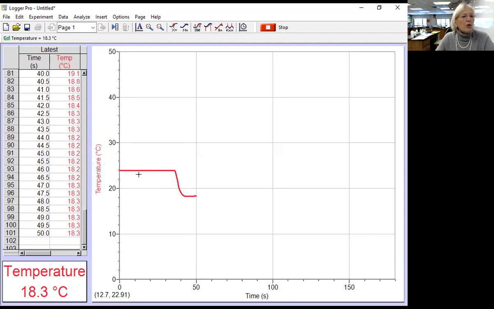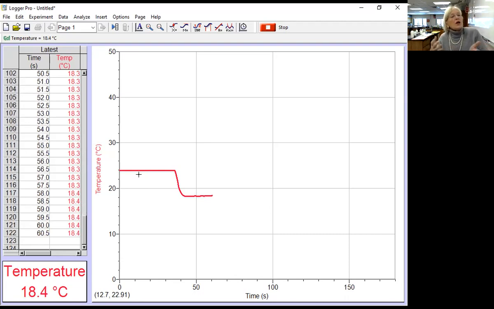And once the temperature drops a maximum amount, it levels off and it will eventually start to slowly go back up. Because if I were to leave this coffee cup in the room for 3 hours, that water would come back up to room temperature. So the beaker of water, even in a styrofoam cup, won't stay at this colder temperature. So you can start to see the gradual incline.